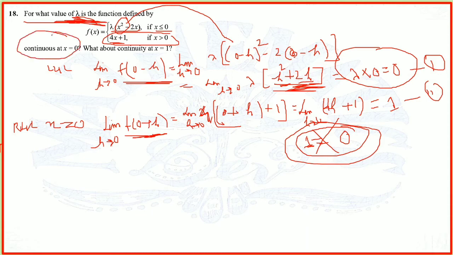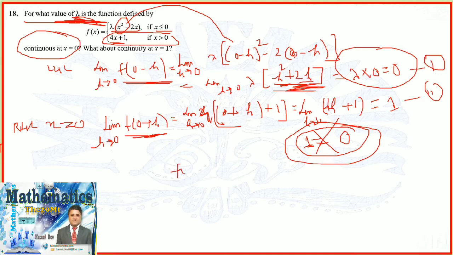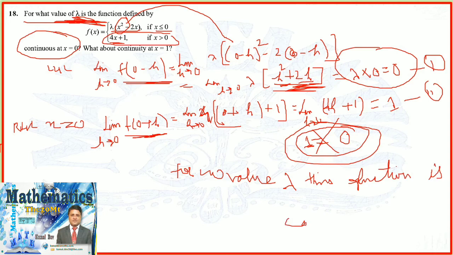Means for any value of lambda this function will not be continuous. Since lambda vanishes, for no value of lambda is this function continuous.